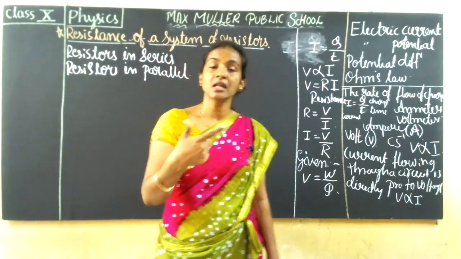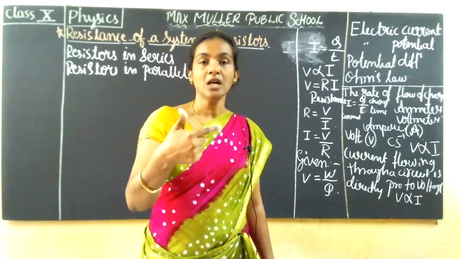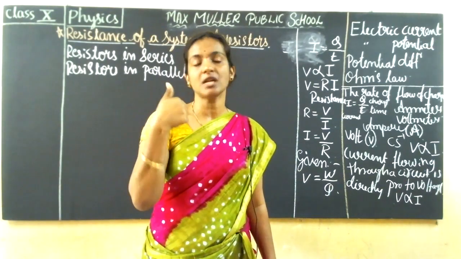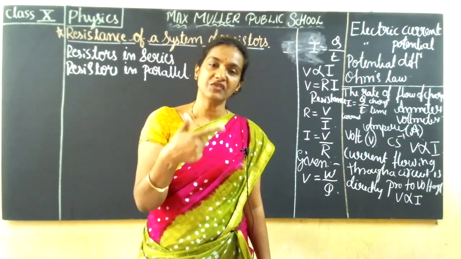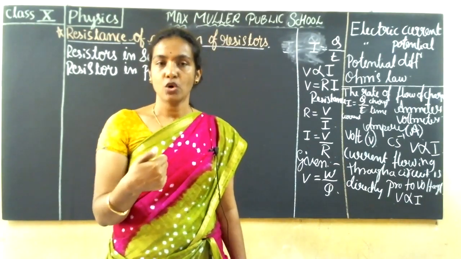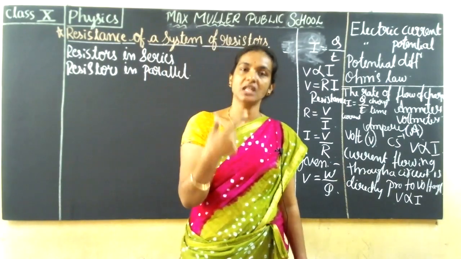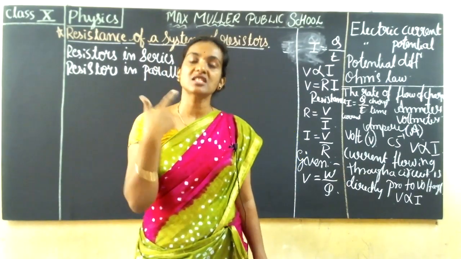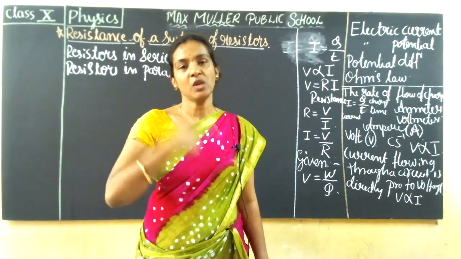It means without a potential difference, current does not exist. Current is a flow of charges. If potential difference is not there, if some external force is not there, then obviously current will not flow.